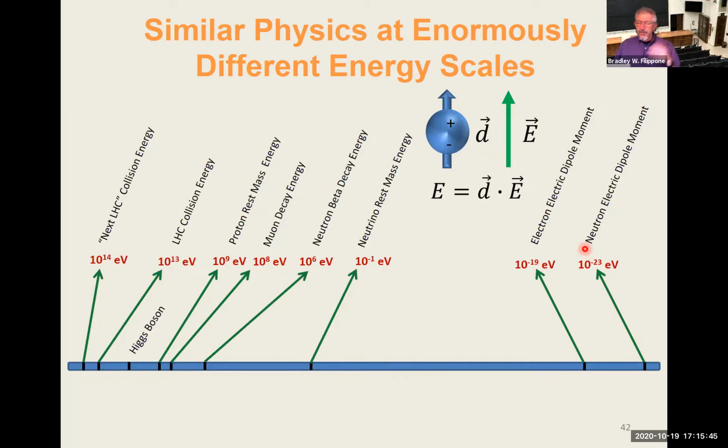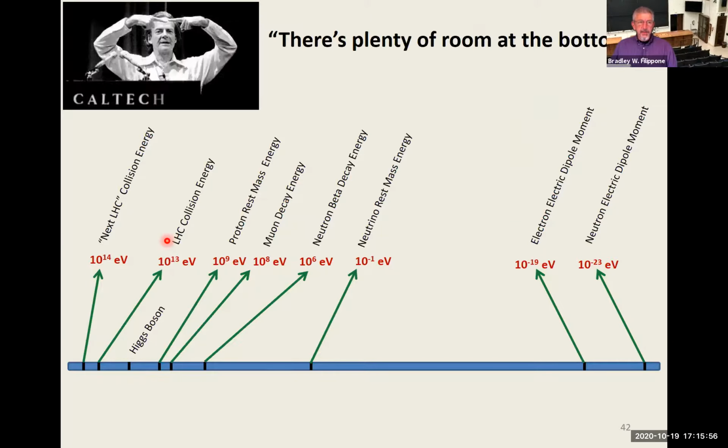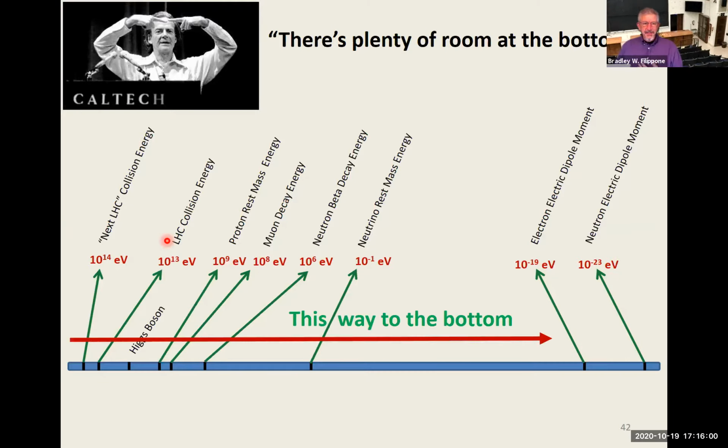You've got a 10 to the 37 range of energies you're probing to look for the same physics. You're looking for physics at the very high energy scale. And to steal a quote from a former colleague of mine, there's plenty of room at the bottom. In this case, the bottom is at the low energy side.